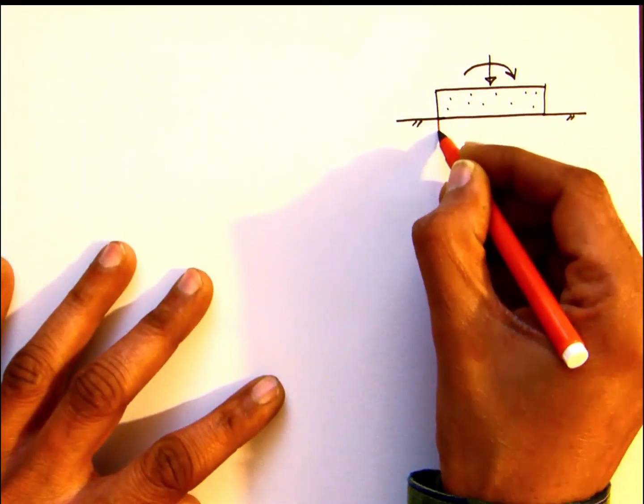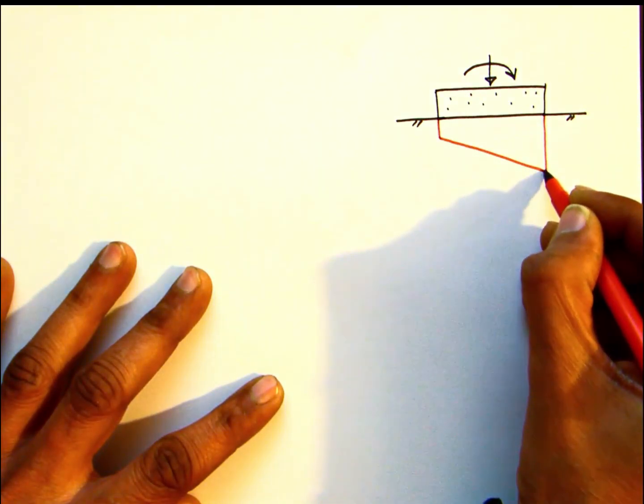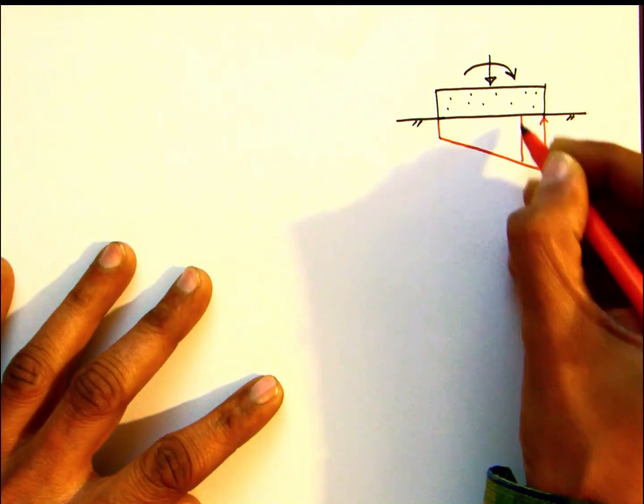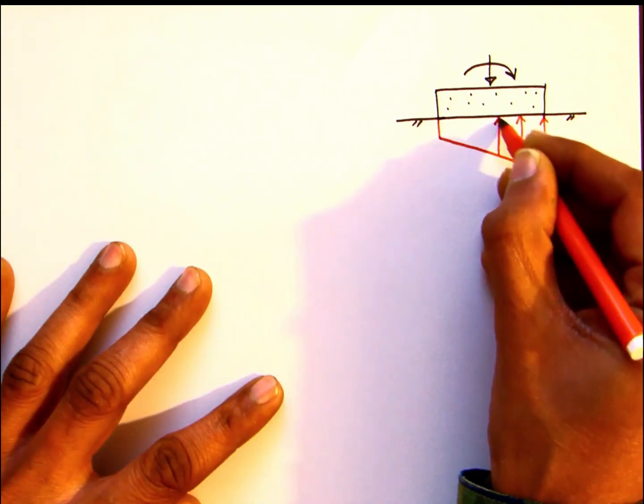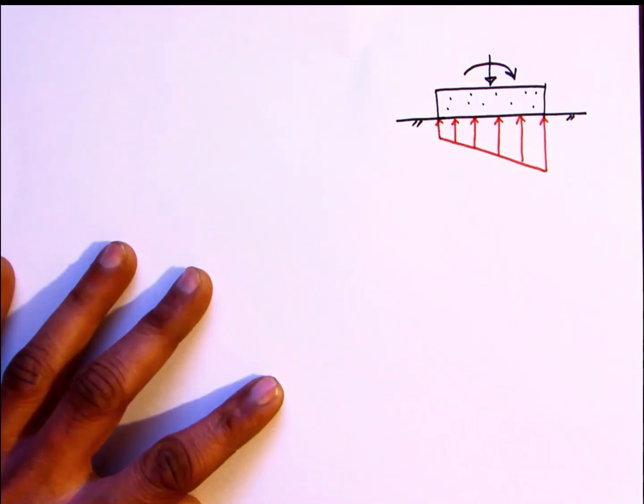So basically the block is under a combination of vertical force and a bending moment. So this induces a non-uniform pressure in the soil below the foundation block as shown here.